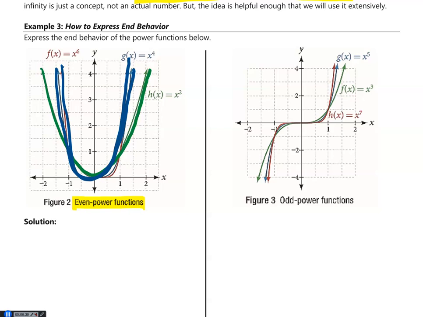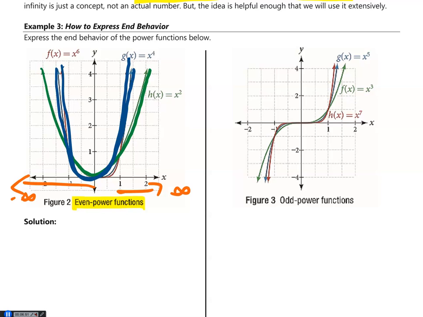So what happens to the left and to the right? We know that to the left is negative infinity and to the right is positive infinity.